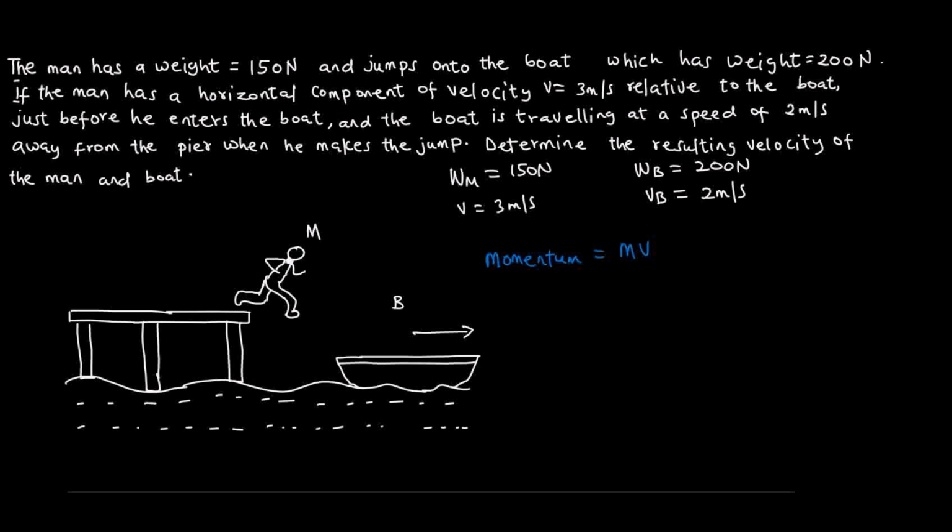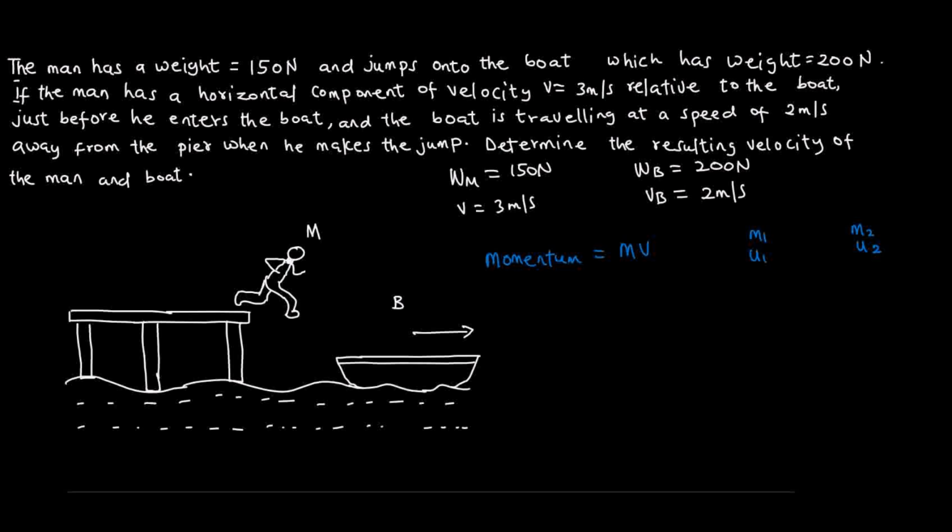So let's say I have an object which has a mass m1, and another object which has a mass m2. This object m1 has an initial velocity u1, and the mass m2 also has an initial velocity u2.